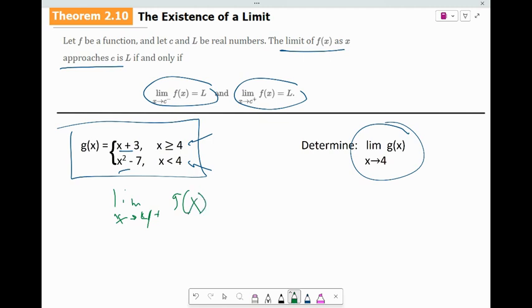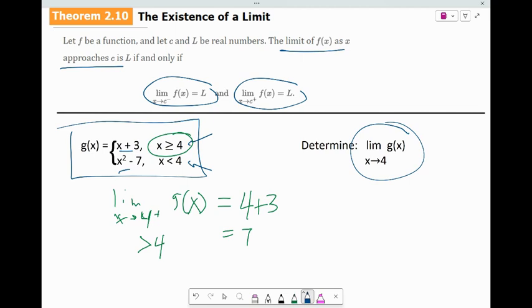If you're approaching 4 from the right, that means you are bigger than 4, which means you're on this rule. So as x approaches 4, you're something like 4.1 or 4.2, 4.01, then you're going to be following the rule x plus 3, which is going to be 7, in this case.